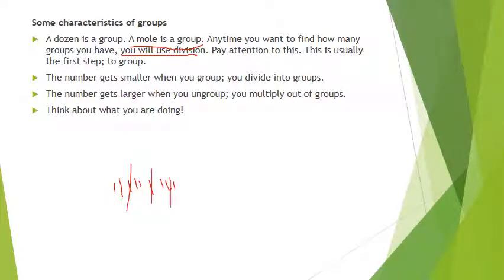So when you make groups, you always divide. That's if you're using the grouping method. If you're using dimensional analysis, your bigger number will be on the bottom. Okay, basically.